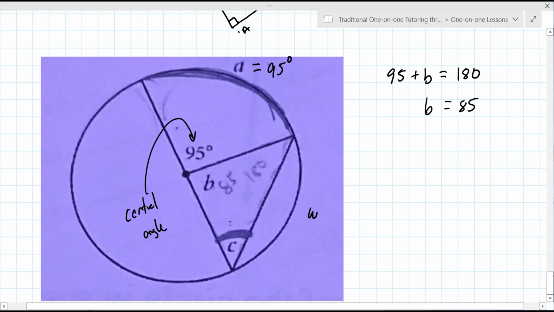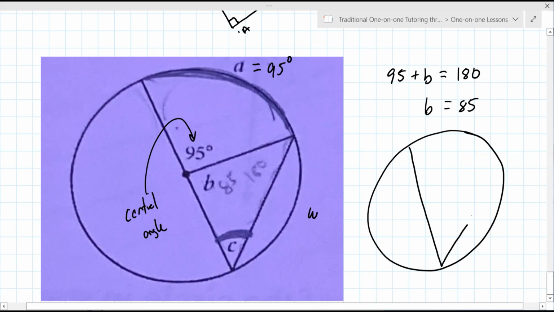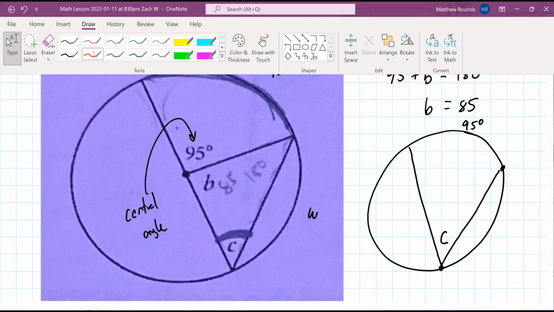Now to find C is maybe the most difficult. One of the strategies we've talked about a lot in this course is sometimes you got to add or subtract lines. This one you need to subtract. So if you just write C, that's angle C, and do you see how the 95 degrees up here is the inscribed angle arc? So this 95, see how it hits? Let me make some red dots here.